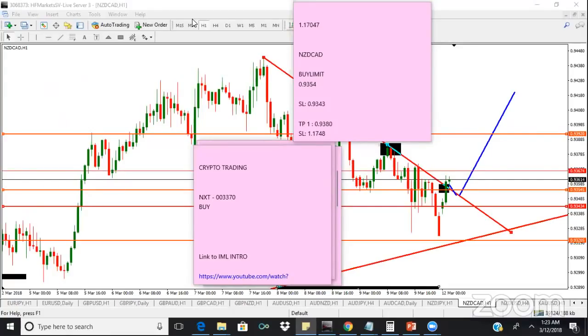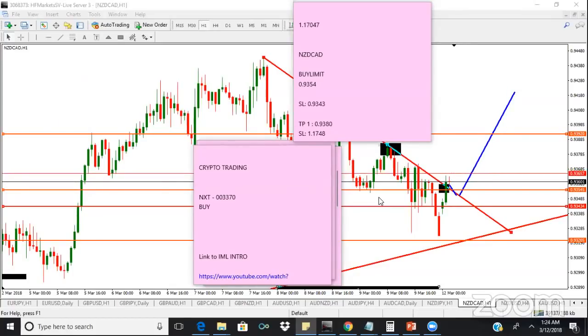Don't overtrade. When you are in a particular amount of your trade, please move your stop loss to break even. You know, I don't have all the time to be telling you move your stop loss to break even. Once you are in 30 pips profit, move your stop loss to break even. Don't allow the trade to turn against you.